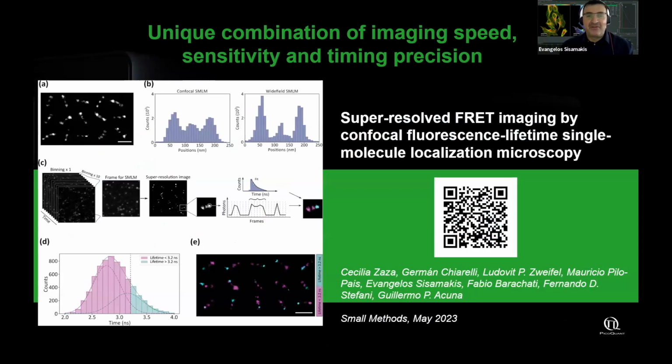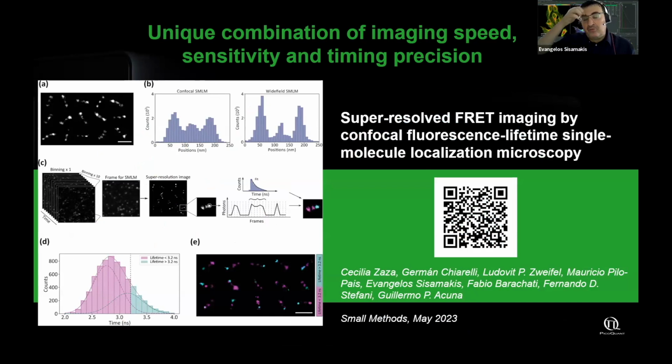And at the end, another example where we used even FRET together with single molecule localization approaches in a confocal setup, where we could achieve, in this case, I think the resolution was a little bit worse, around 30, 35 nanometers, because this has to do a little bit with the photophysics of the dye and so on.